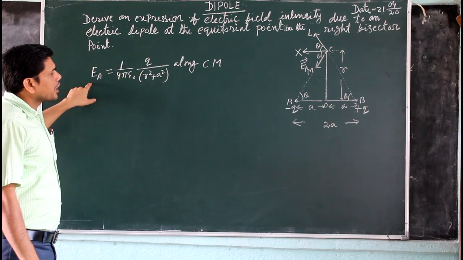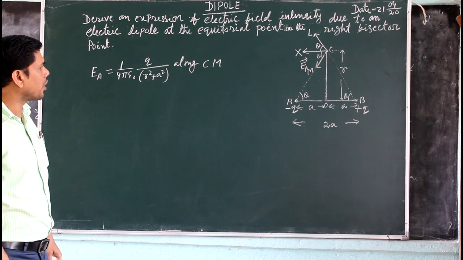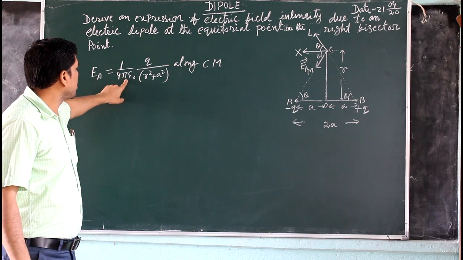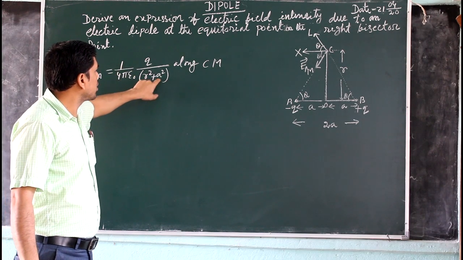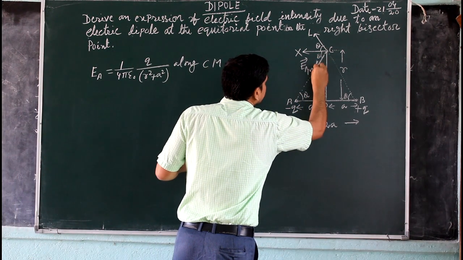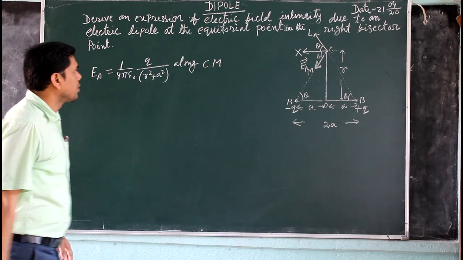If we square that root under r square plus a square, we get this form. So the electric field at point C due to minus q charge at point A, denoted by EA, is EA equal to 1 by 4 pi epsilon naught, q by r square plus a square, along CM, and its direction is shown here, along CA or CM.